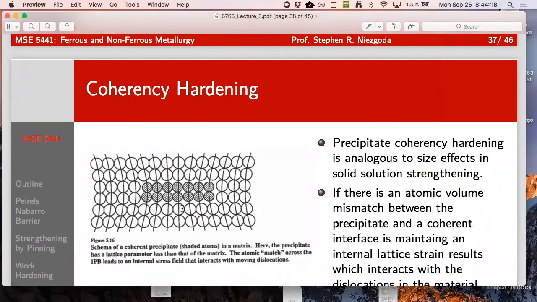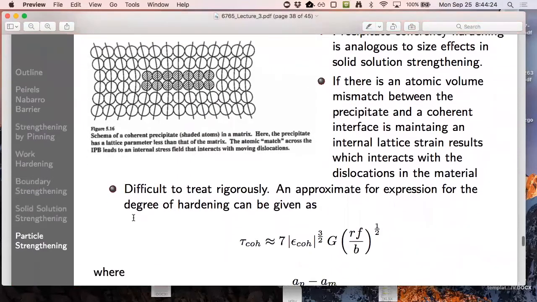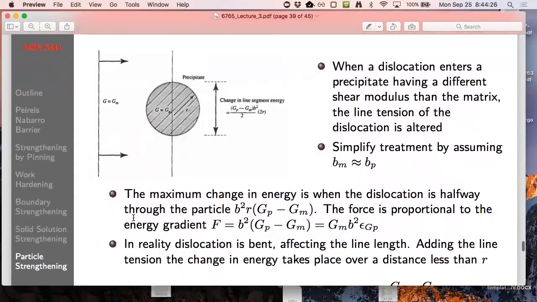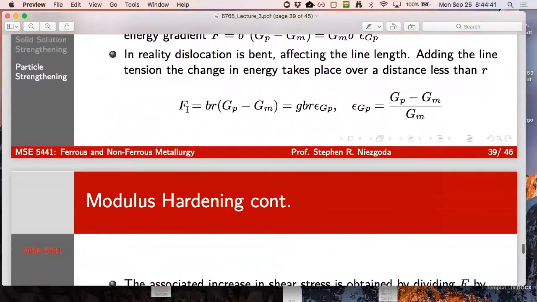It looks an awful lot like GP zones of copper and aluminum, even though Courtney doesn't explicitly say it. You've got a modulus effect by the fact that the line tension of the dislocation changes. The line tension is GB squared, so you've got an energy change as the dislocation enters the precipitate.